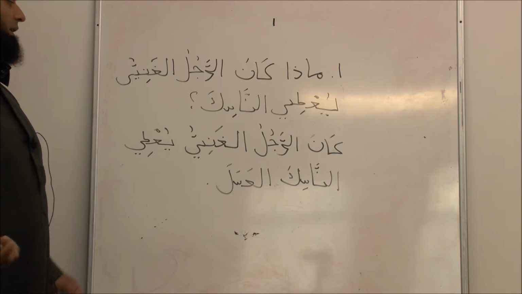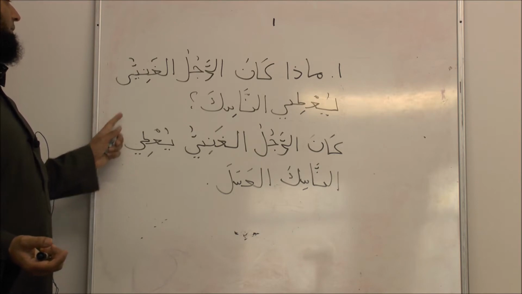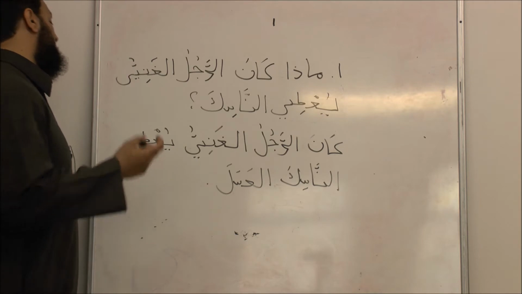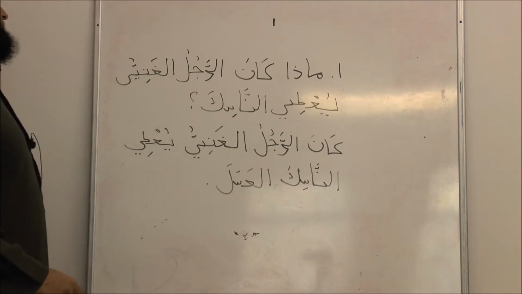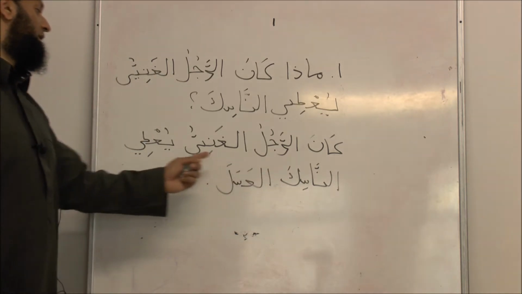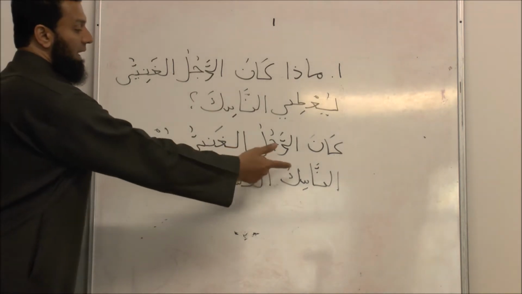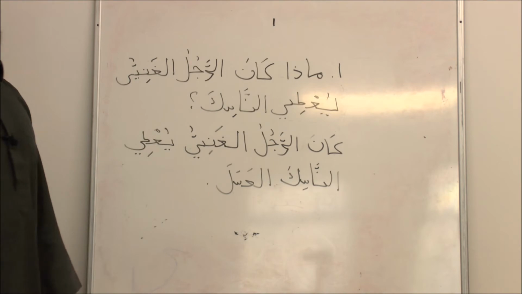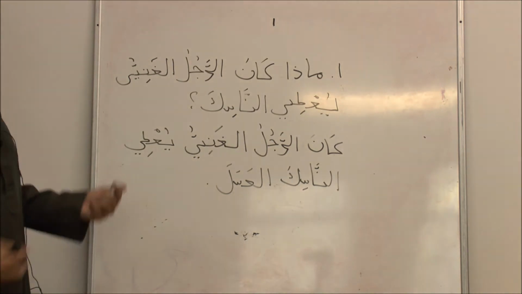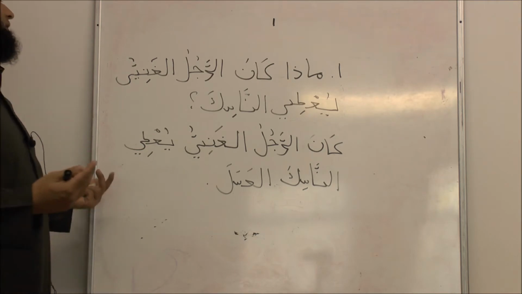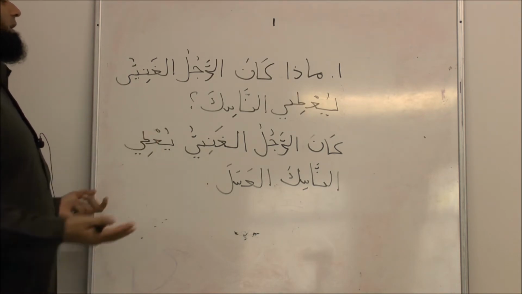This sentence, both the question and the answer, contains a very important construct, the use of yu'ti with the subject and the object: the person who did it and the person who received it.